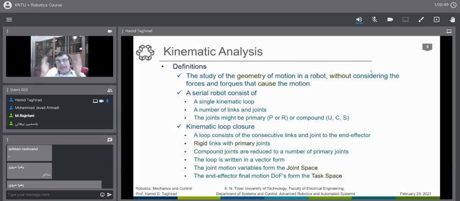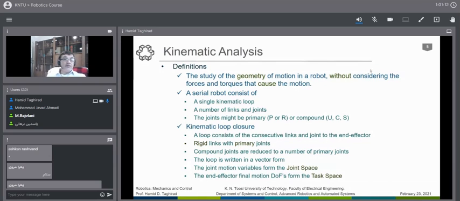But in the case where we have a spherical joint, or some sort of U joint or C joint, or another compound joint, we just replace them. If we have a U joint, we know that a U joint basically consists of 2 rotary joints, so we put 2R instead of U.